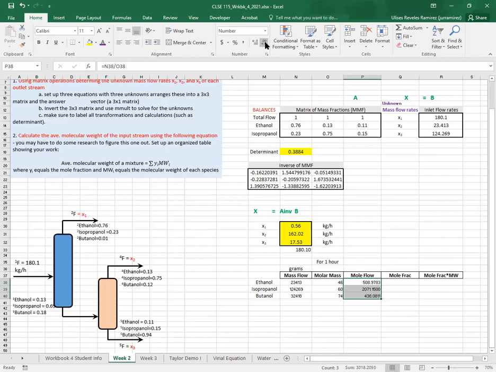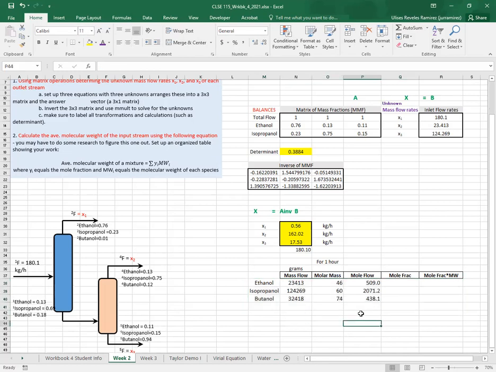I want to reduce the number of digits, and let me increase the font size. I always want larger font sizes here. Okay. Now I got the number of moles. I got total flow in grams, molar mass, but I want to add them up. If I add the moles, this is the total number of moles.